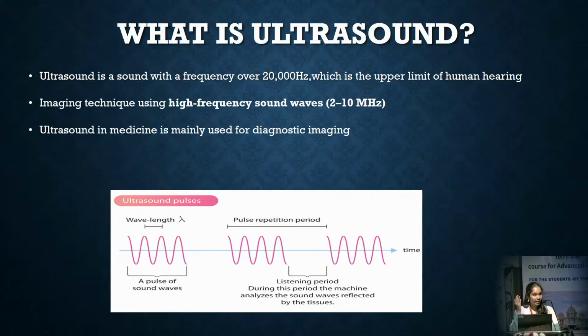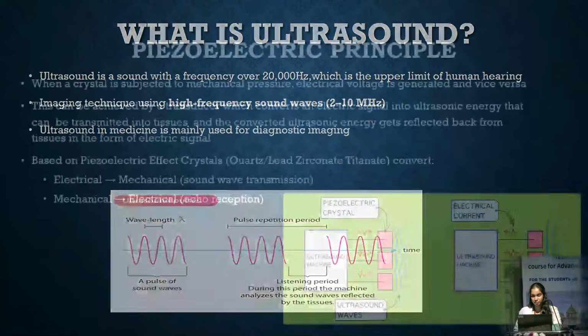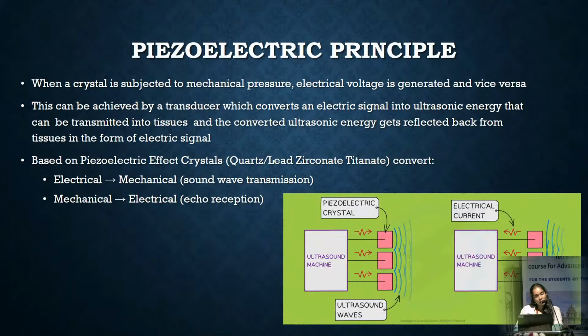The waves get reflected back by the tissues. Then the machine processes these returning echoes to create an image. Ultrasound is widely used because it is non-invasive, radiation-free, and used for diagnostic purposes, especially in the field of cardiology as echocardiography. Coming to the piezoelectric principle, it is the basic working principle of ultrasound.